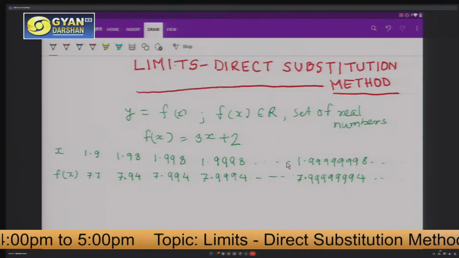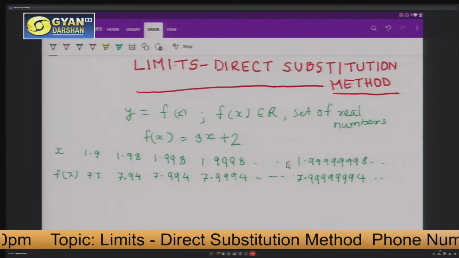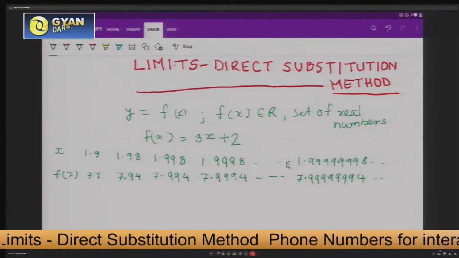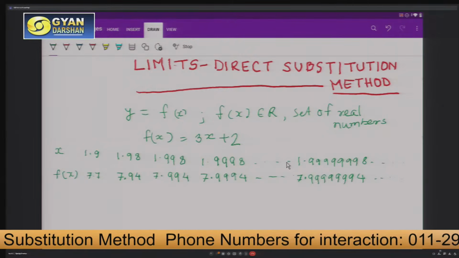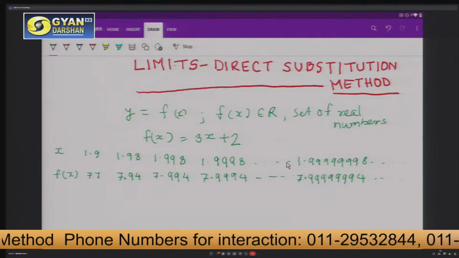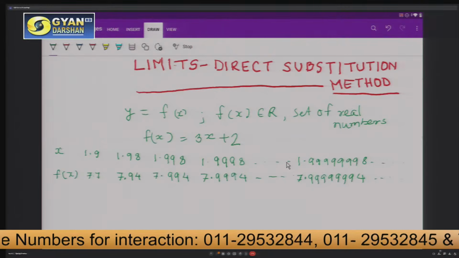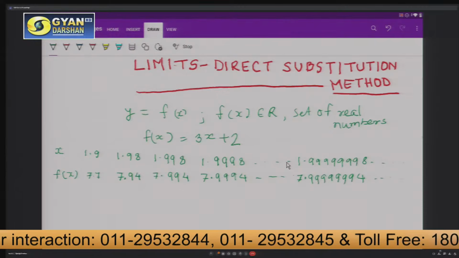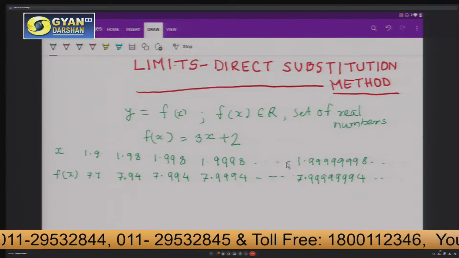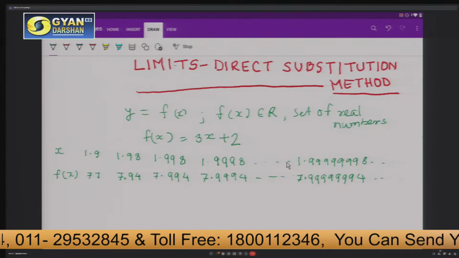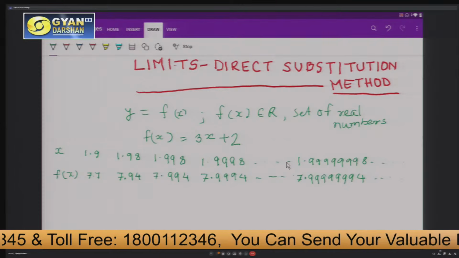So this is going nearer and nearer to 8. We say that x is approaching 2 from the left side.